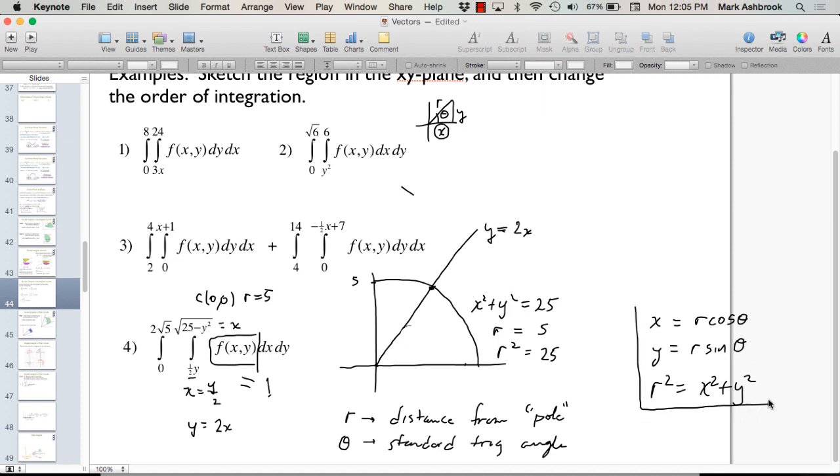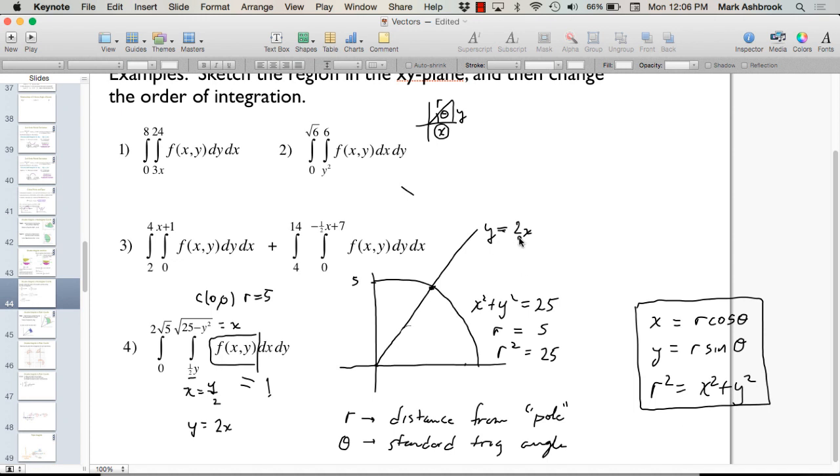So here are relationships that bridge us between polar coordinates and rectangular coordinates. If you have r and theta, that's how you get x and y. If you have x and y, that's how you get r. What about theta?